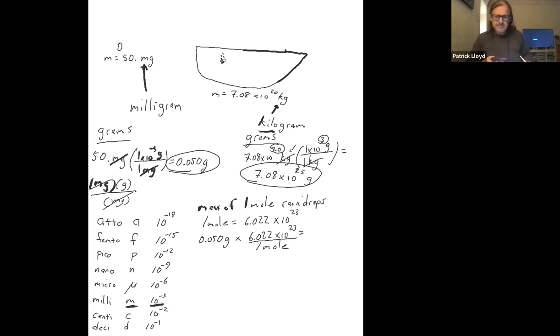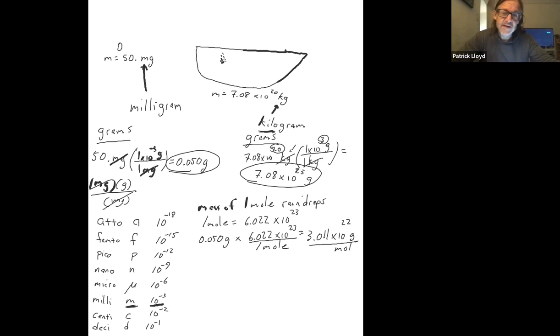All right, I don't know what I did with my calculator, so let me bring out the phone then. We'll use the phone. Okay, so 0.050 times 6.022 times 10 to the 23rd, and you get 3.011 times 10 to the 22. Now, that's grams per mole. You know, that's very interesting. That's a molar mass.